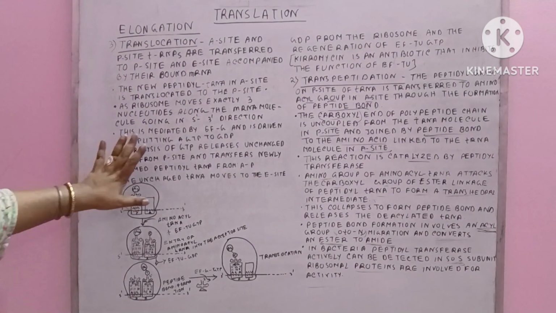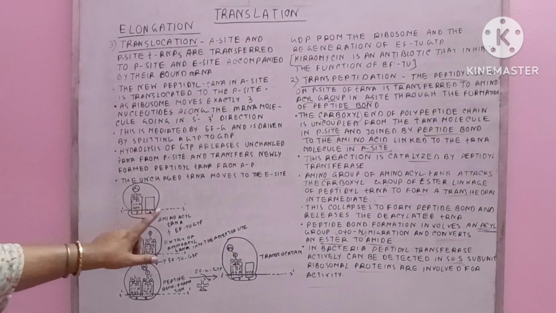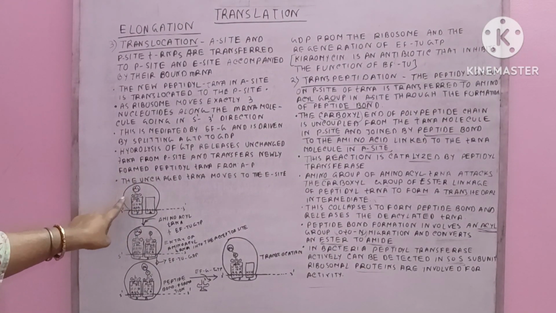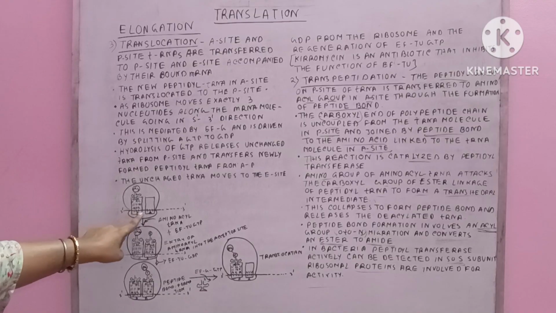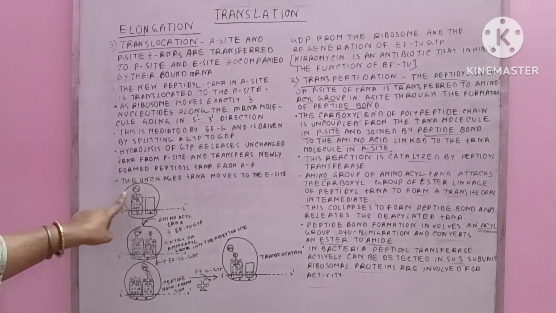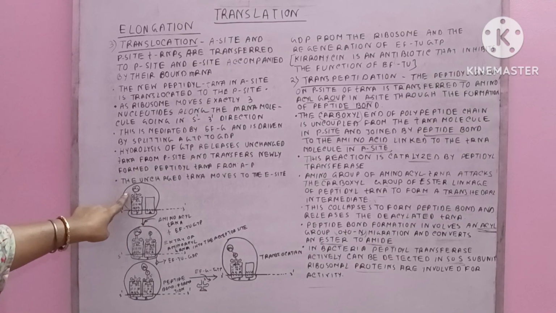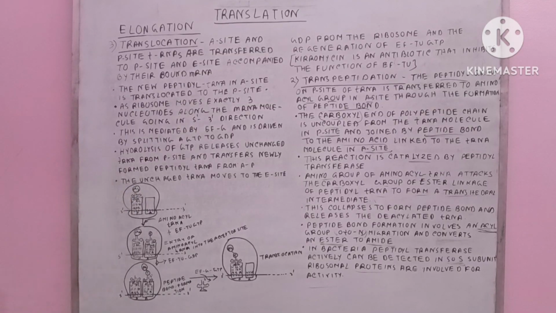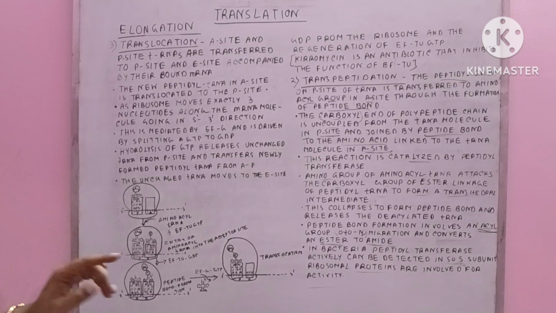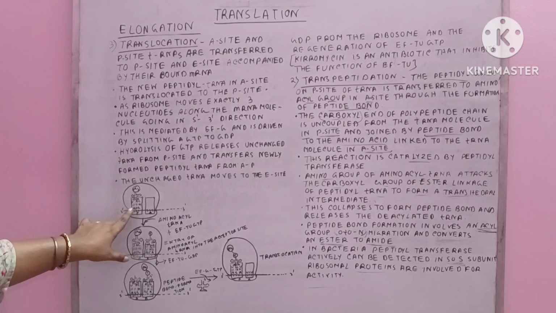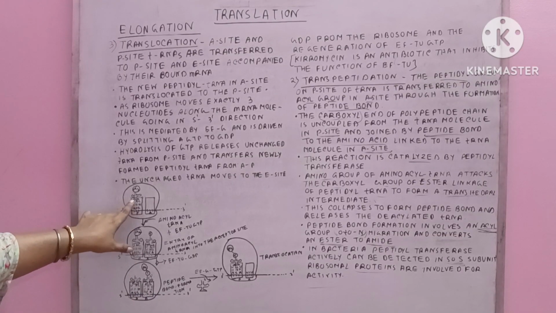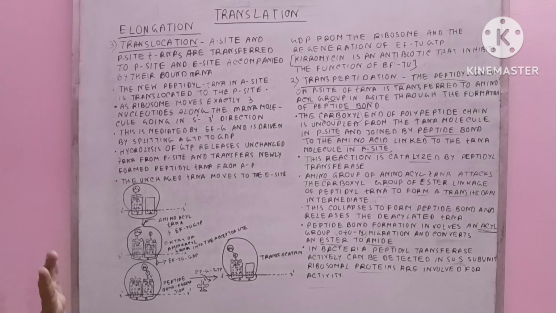So if you see this diagram, first of all you can see this is the P site and this is the A site, okay, and this is the tRNA, which is carrying the F-mate. Codon and anticodon, I have already told you: if the codon is AUG, then the anticodon is UAC.